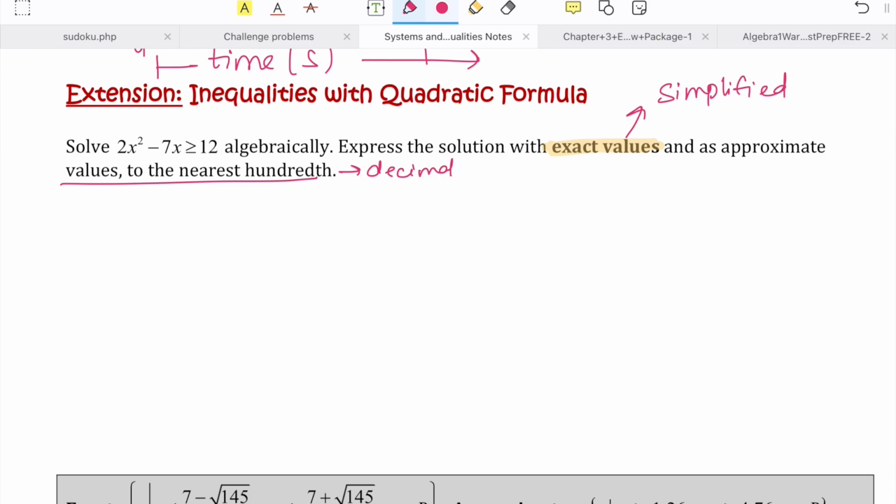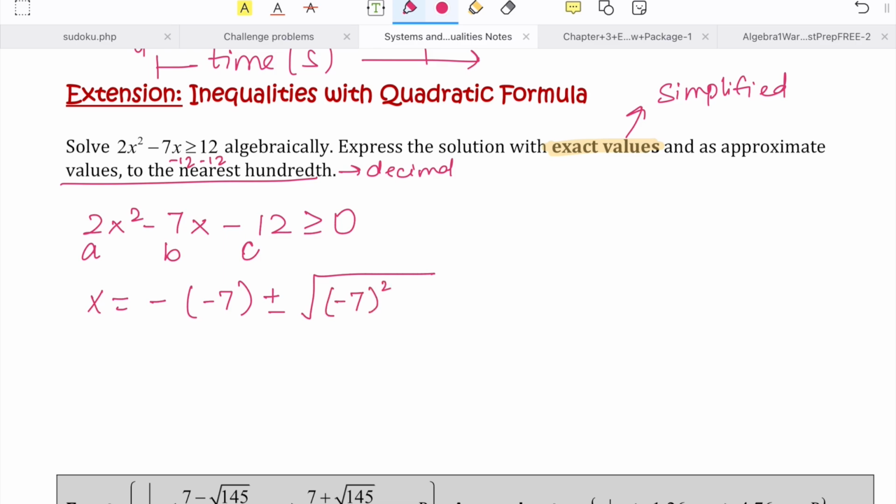So let's move everything to one side. Minus 12, because I'm just subtracting 12 on both sides. Now, it said quadratic formula, right? So a is 2, b is -7, and c is -12. x is equal to minus b, which is negative 7, plus or minus the square root of b squared, which is 7 squared, minus 4ac, which is 4 times 2 times negative 12.